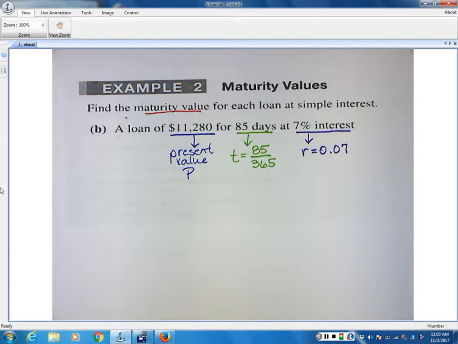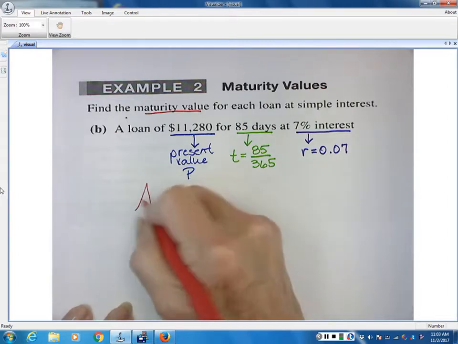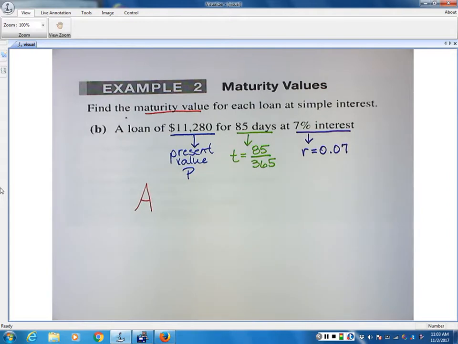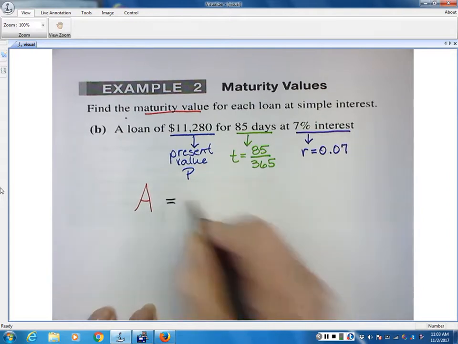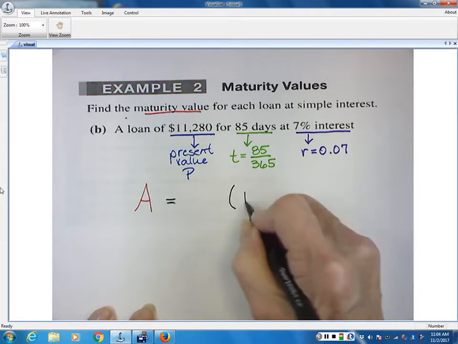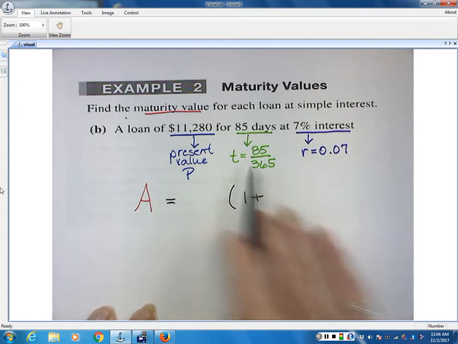So when we get ready to find the maturity value, then we just use that formula one more time. That's going to be your principal times 1 plus the interest rate times the time.